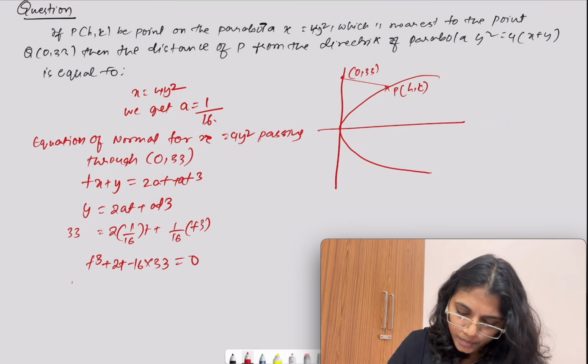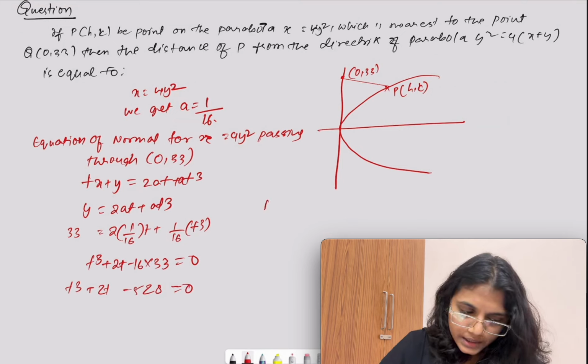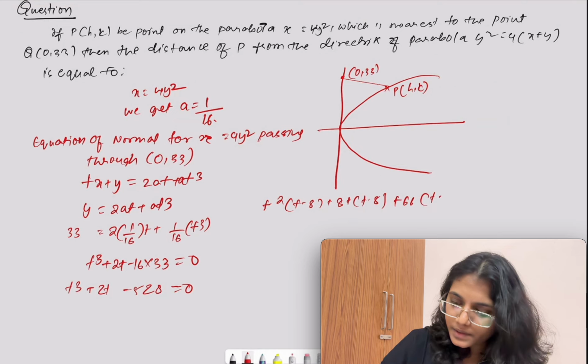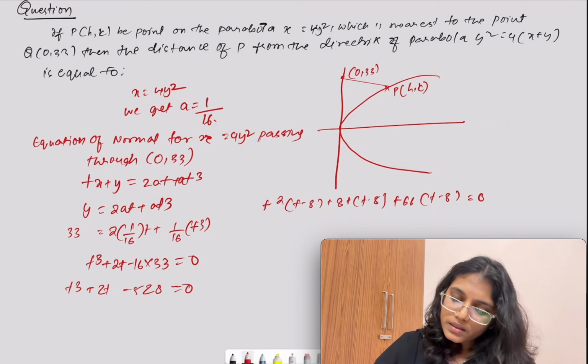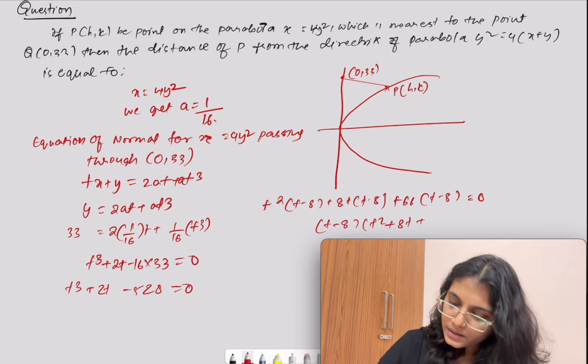So t cube plus 2t minus 528 is equal to 0, which will be equal to t squared into t minus 8 plus 8t into t minus 8 plus 66 into t minus 8 equal to 0. Then t minus 8 into t squared plus 8t plus 66 will be 0.